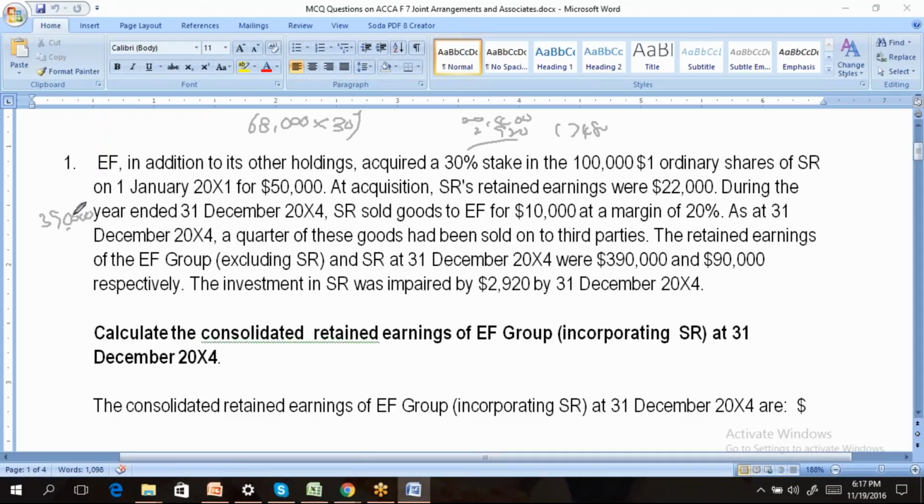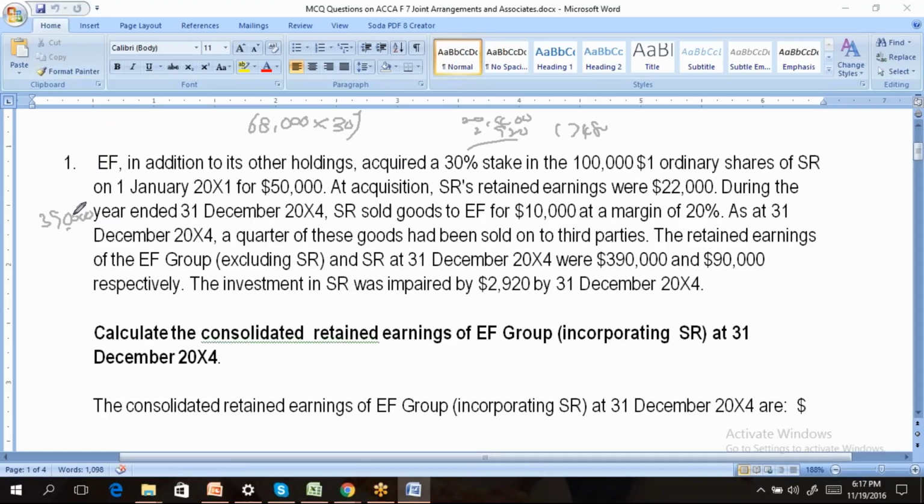So 10,000 is the value of the goods, the profit is 20%, which is 2,000, and a quarter of these goods had been sold onto third parties. So 1,500 is not yet sold, and of that 1,500, 30% is the unrealized profit.